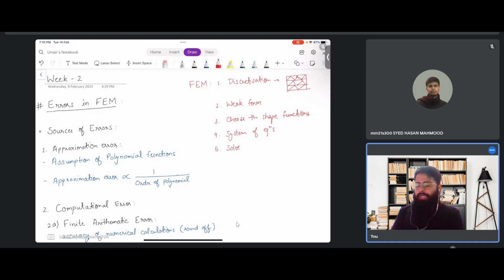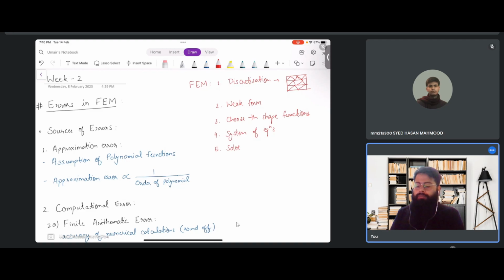Now we move on to some more topics that we are going to cover in this course, starting with the estimation of errors in the finite element method. Since you know that FEM is a numerical method, it is not an accurate method, unlike an analytical result.